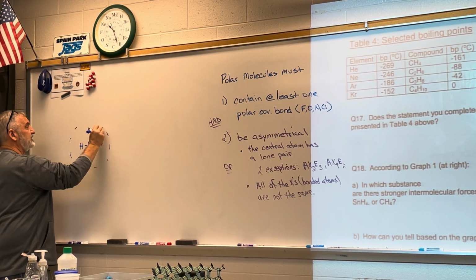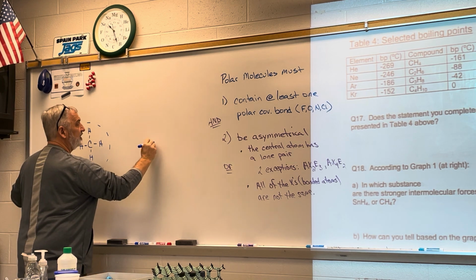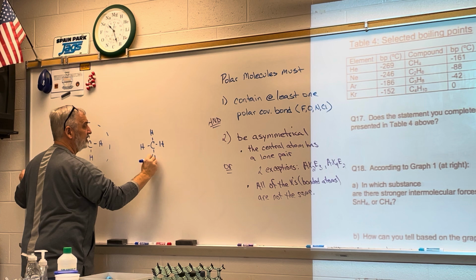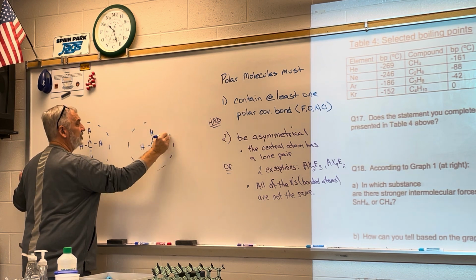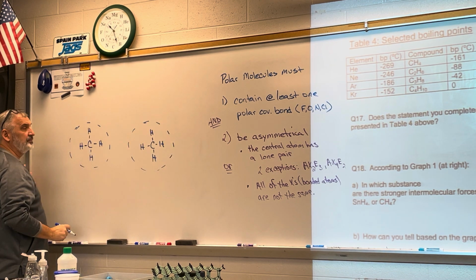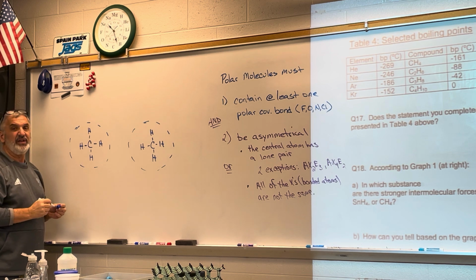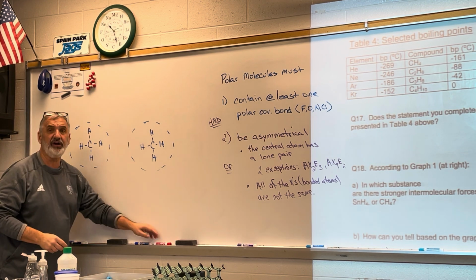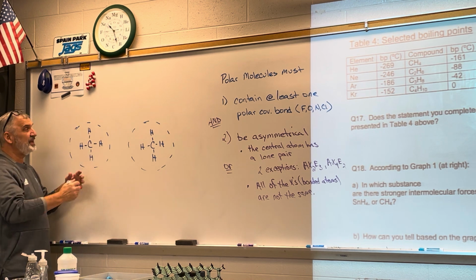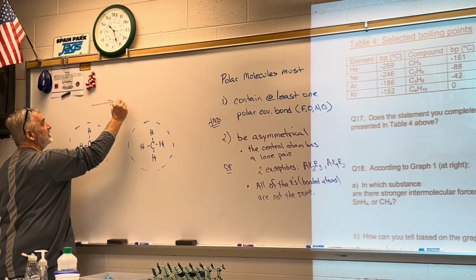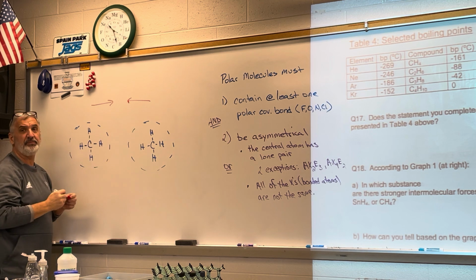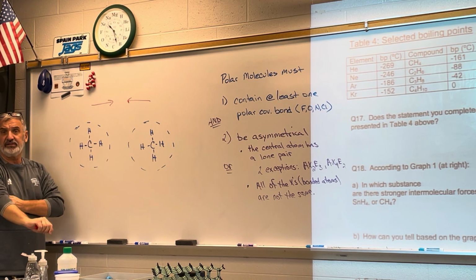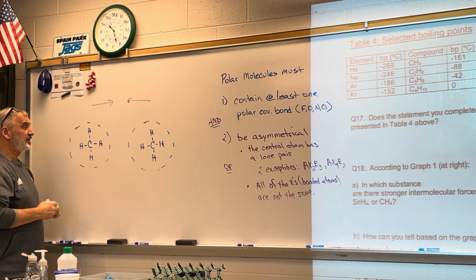Remember, those work like this: if I have a CH4 with a symmetrical electron cloud, it is nonpolar. There are no poles, no positive or negative areas. But when molecules bump into each other, the electron clouds are negative, so they repel and the cloud shifts.